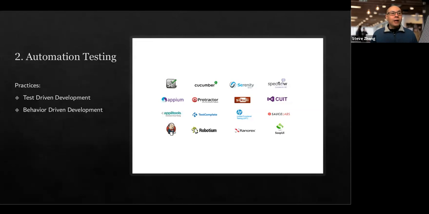The next one, automation, especially automation testing. About automation testing, there are two practices you can see here: TDD, which refers to test-driven development, and BDD, which refers to behavior-driven development.